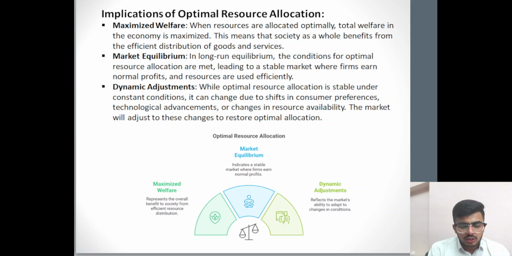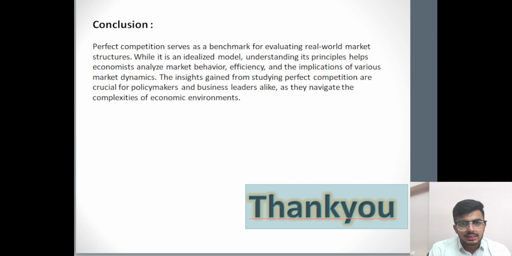The implications of optimal resource allocation are market equilibrium, maximized welfare, and dynamic adjustments. And the final is the conclusion of price and output determination under perfect competition. Perfect competition provides a theoretical benchmark for analyzing efficiency and market dynamics, and it is a principal guide for economic analysis and policy making despite its idealized nature.